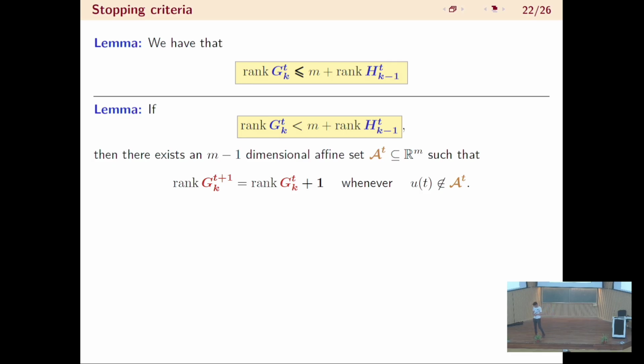Right? So as I was saying, we consider two situations, right? Either this rank inequality holds strictly, and in that case, I can always increase the rank of my Hankel matrix, G_k.